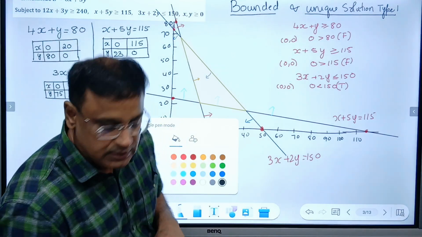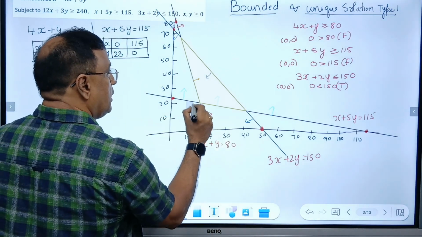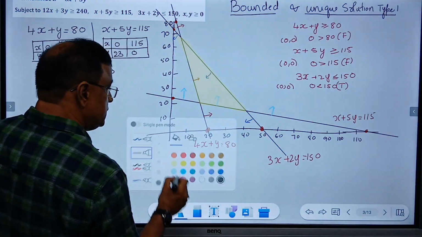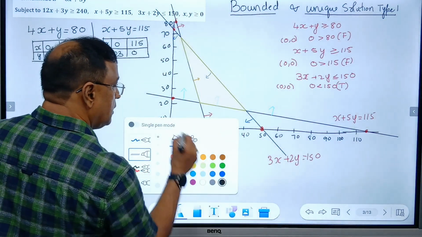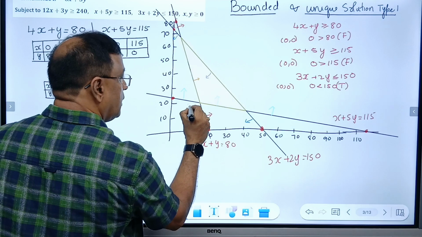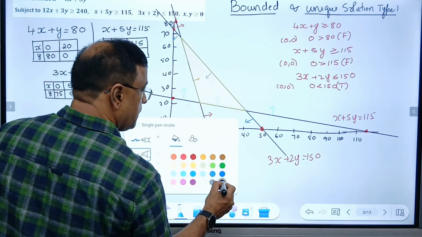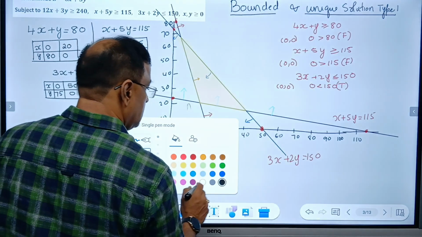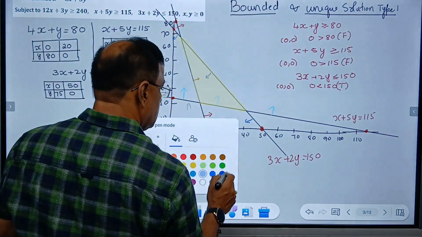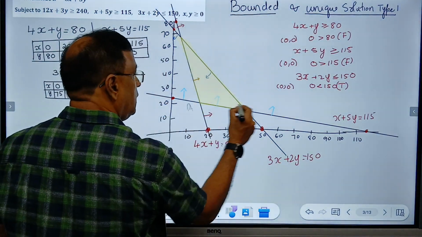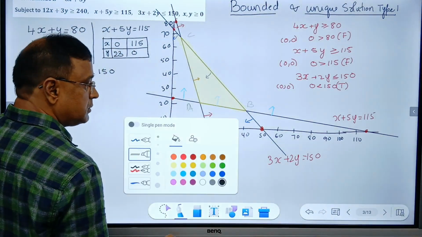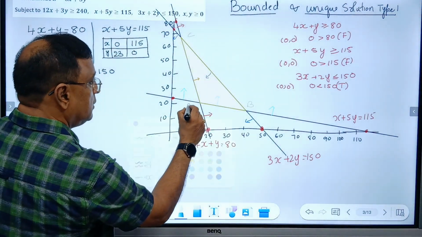The corner points are A, B and C. Something is wrong. Let's see.